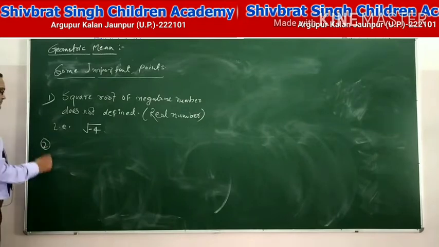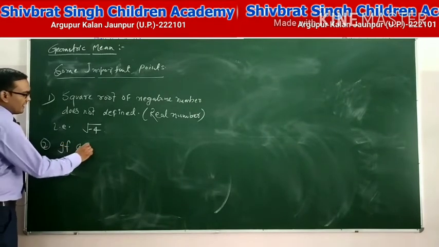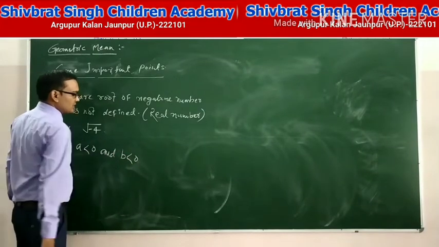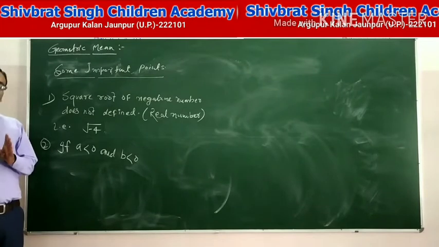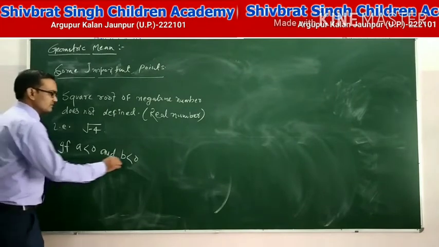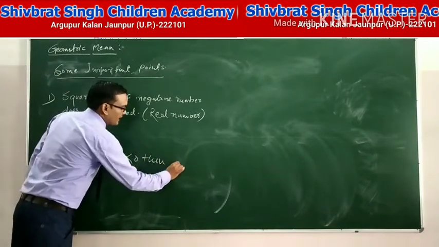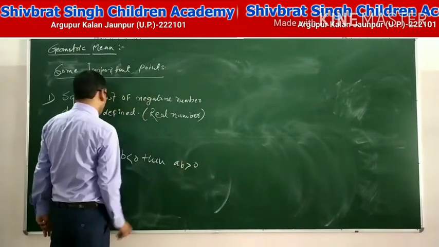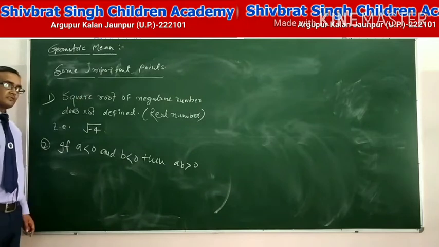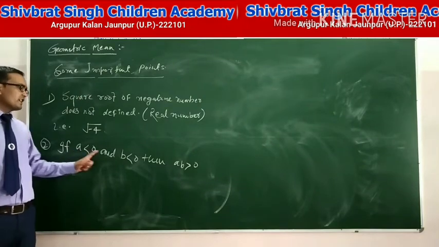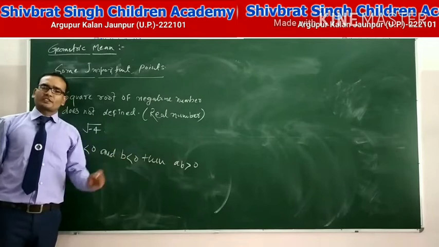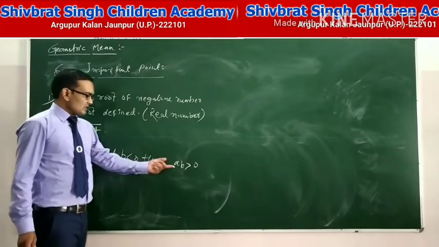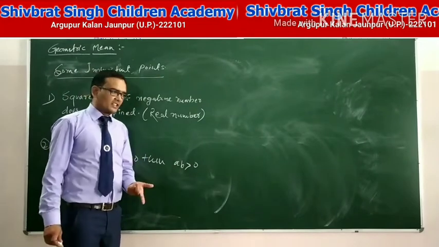First, if A is negative and B is negative, that means both numbers are negative, then AB is positive, because multiplication of two negative numbers gives a positive value. Then the square root of a positive number is defined.